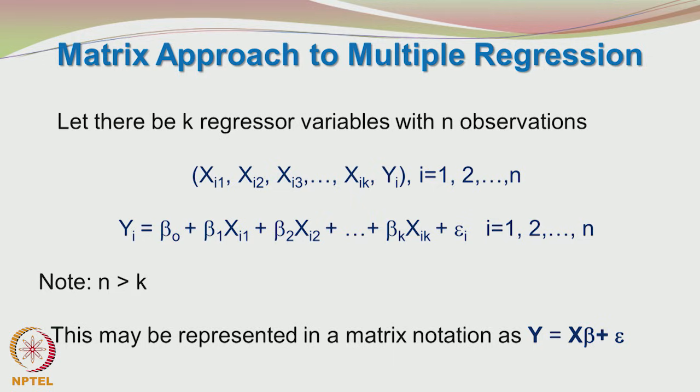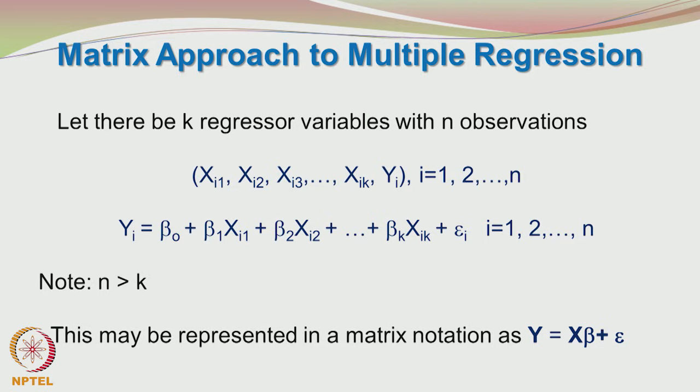So, if I say x i2, then I am referring to the ith run and the second regressor variable. I think now that should be clear to you. So, the ith run's response yi is given in this way: beta naught plus beta 1 xi1 plus beta 2 xi2 plus so on to beta k xik plus epsilon i, with i running from 1 to n.